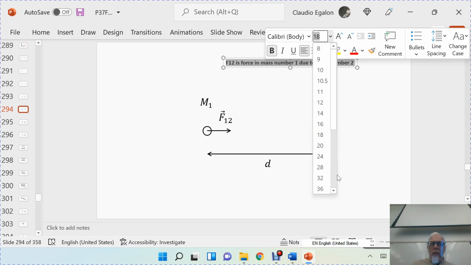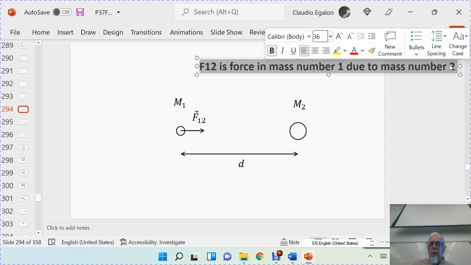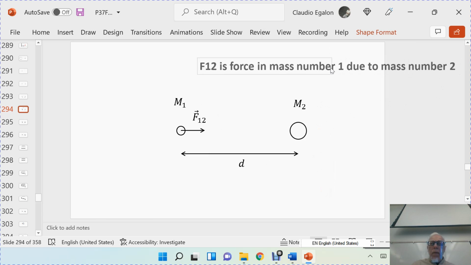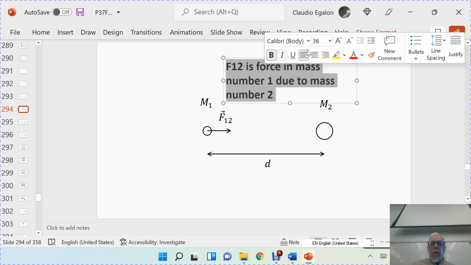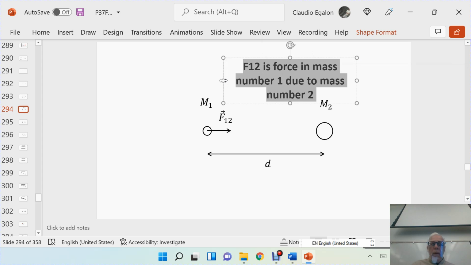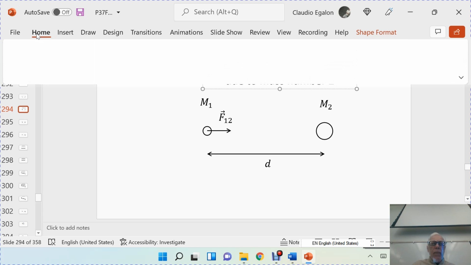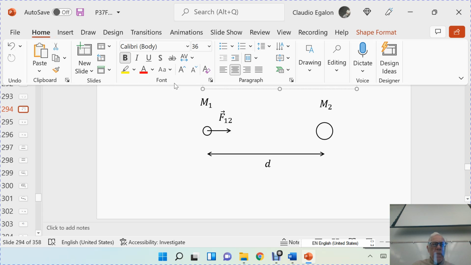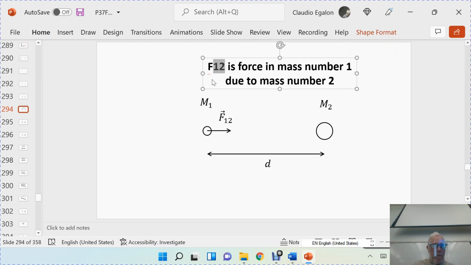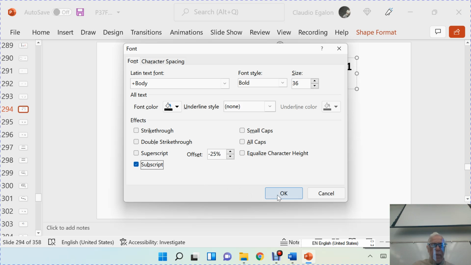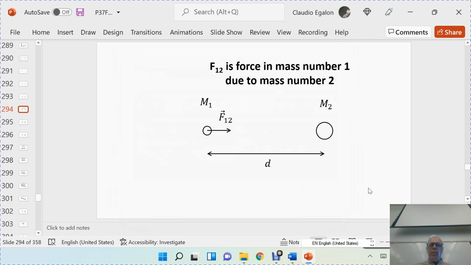I'm going to increase the size here. So he found that the masses attract one another.